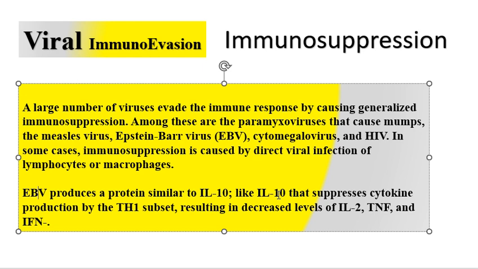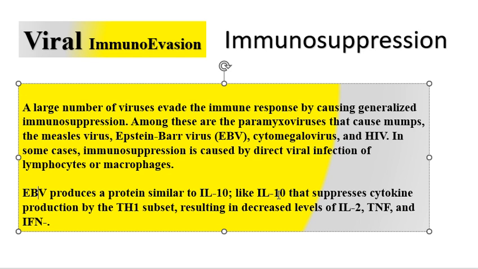And as you know, IL-10 has the capacity to inhibit macrophages, and macrophages are very important because they produce pro-inflammatory cytokines like tumor necrosis factor alpha, interleukin number 1, and also interleukin number 12, which is very important for activation of T helper 1.